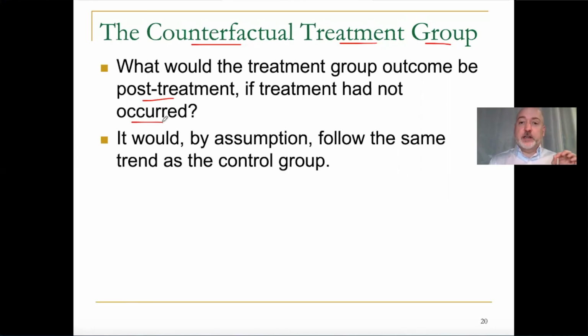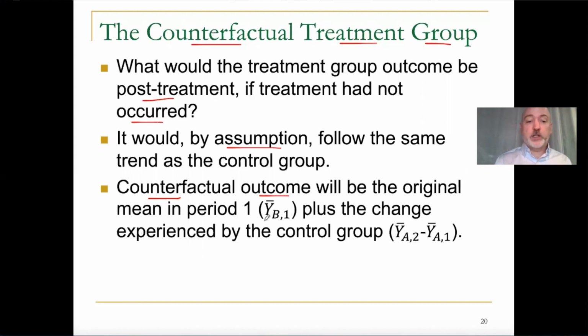Here's where the assumptions come into play, right? So by assumption, we're going to say it follows the same path as the control group. So the growth rate of the outcome variable between period 1 and period 2 that was experienced by the control group, we're going to say, well, that's what would have been experienced by the treatment group had they not had access to treatment. So this gives us another way, I think a more satisfying way, of calculating that same treatment effect that we talked about, right?